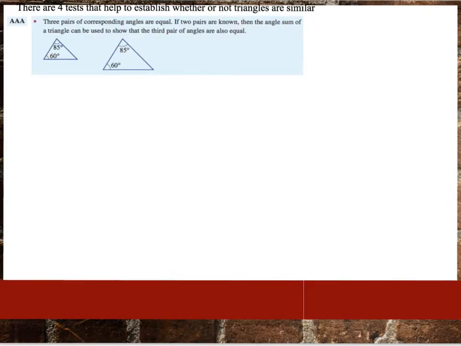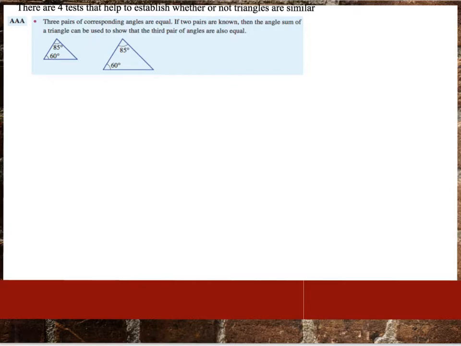The first one that we have, for a similar triangle, is the 3 pairs, which is angle, angle, angle, which is not a condition of congruency, it's only a condition of similarity. So for 2 triangles to be similar, if I have 3 pairs of corresponding angles, they are equal.